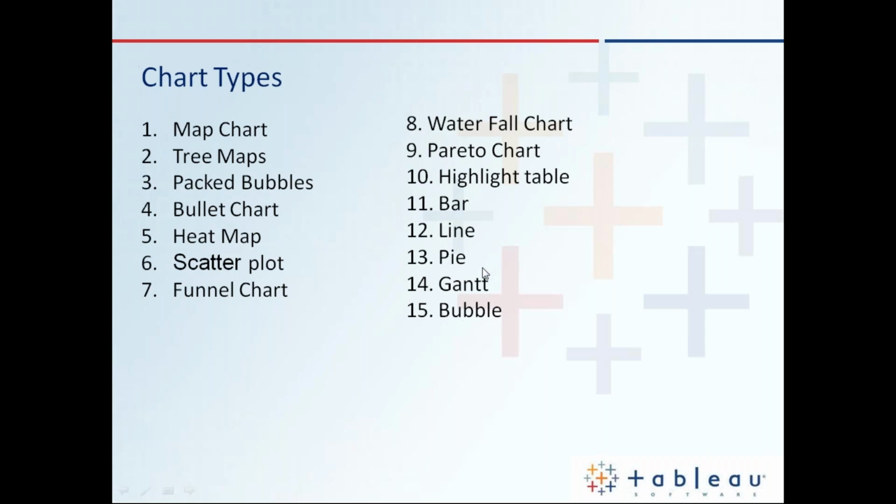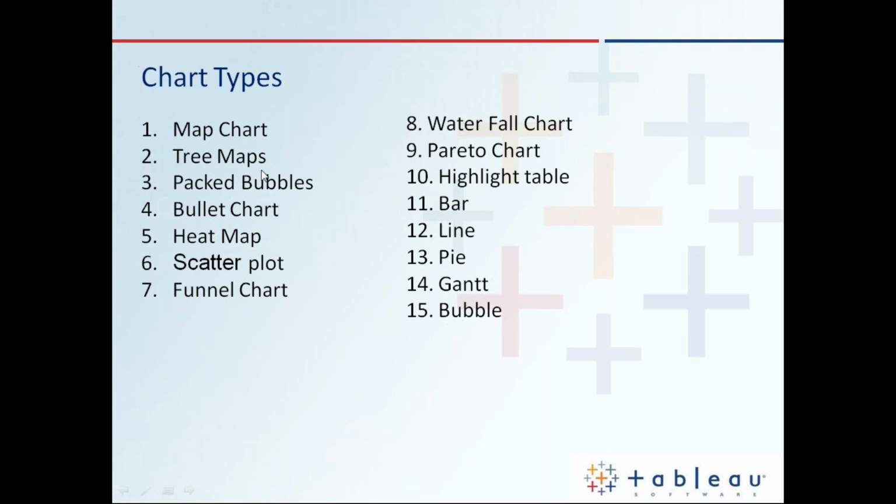These are the different charts you can see. Map charts we are going to use most of the time. Tree maps we use, and also bar charts, line charts, and pie charts. We are going to use these kinds of charts more frequently, and the tables too.